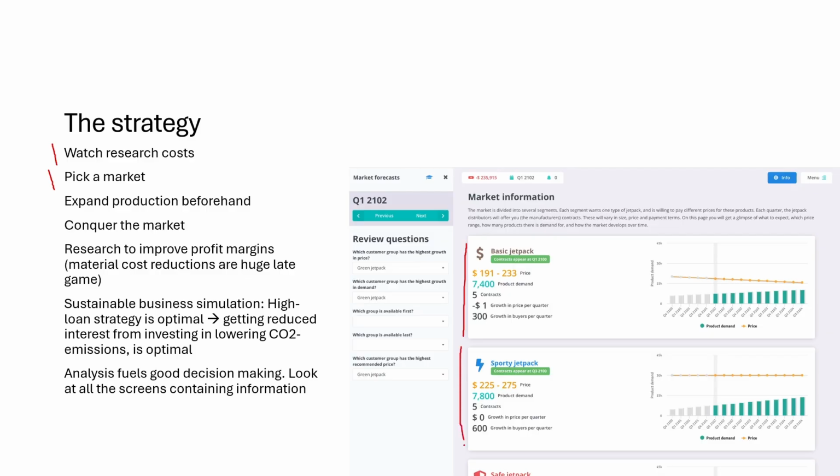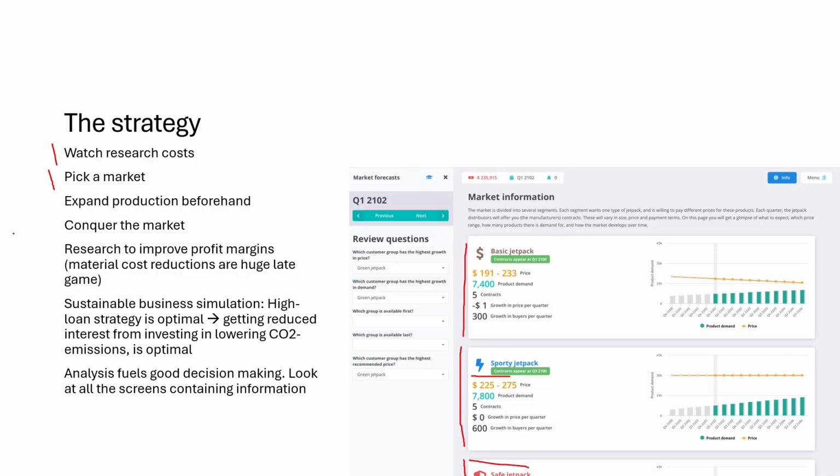Let's say that a lot of your opponents go into the sporty jetpack, which is the second one that appears in third quarter in this game. So let's say that maybe none of your opponents, or maybe just a few, are choosing to go for the safe jetpack, which is the third one that launches. And you know this because you're watching all of your opponents' research spending.